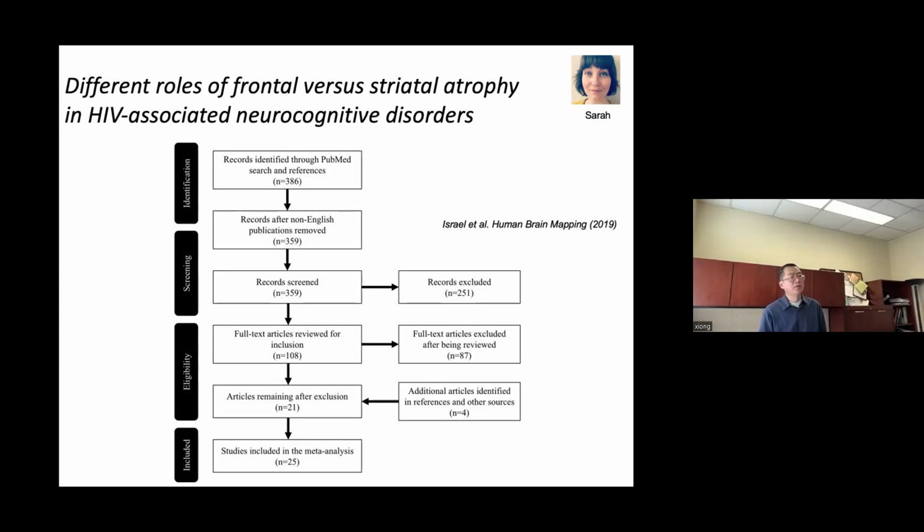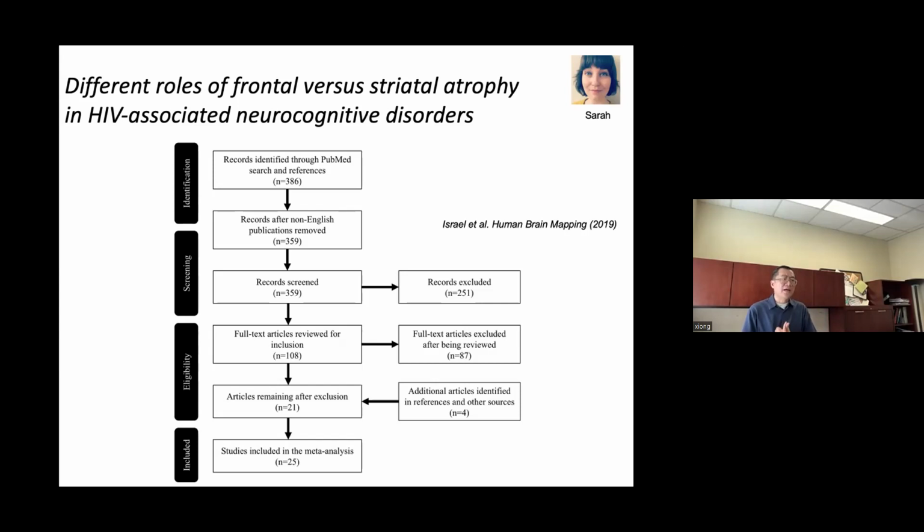So a few years ago, with work from a master's student in the lab, Sarah, we did a really comprehensive literature review. We went through all the publications on HIV and structural MRI, and we wanted to see what the most common finding is.